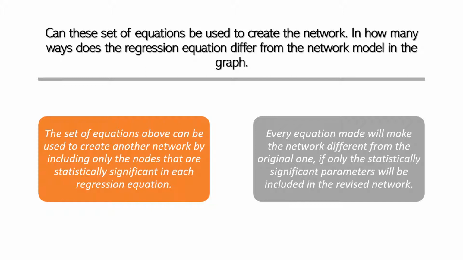In how many ways do the regression equations differ from the network model in the graph? The set of equations above can be used to create another network by including only the nodes that are statistically significant in each regression equation. Every equation made will make the network different from the original one, if only the statistically significant parameters are included in the revised network.